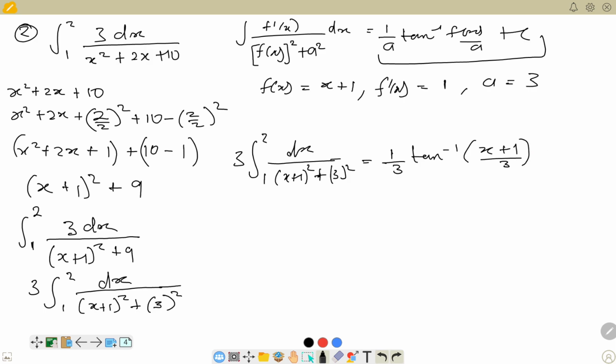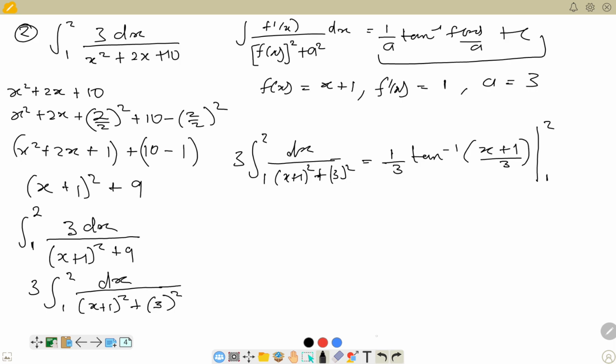Then we close that there. Because we are working with definite integrals, there's no need to write plus c. Then we can put 2 and 1 there.